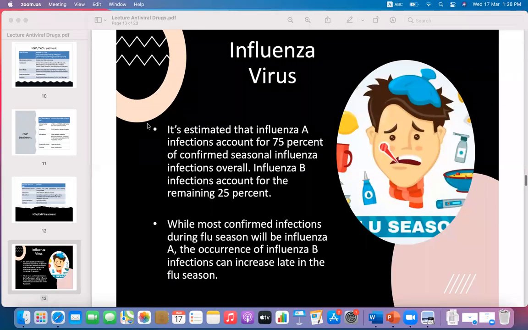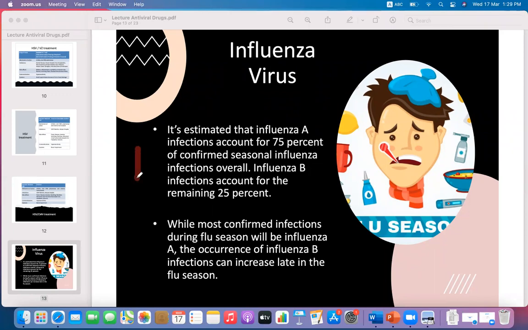Then let us see about the influenza virus. It is estimated that influenza A infections account for 75% of confirmed seasonal influenza infections overall.